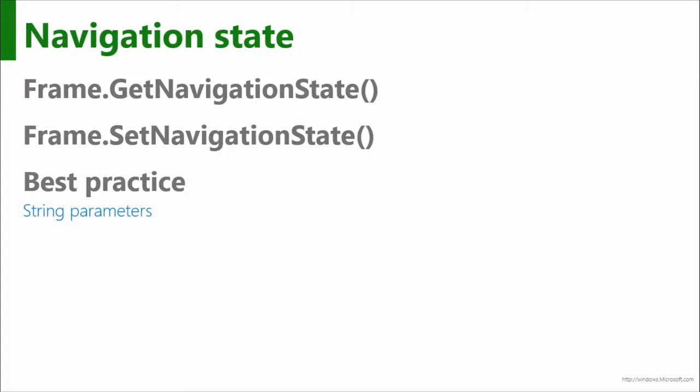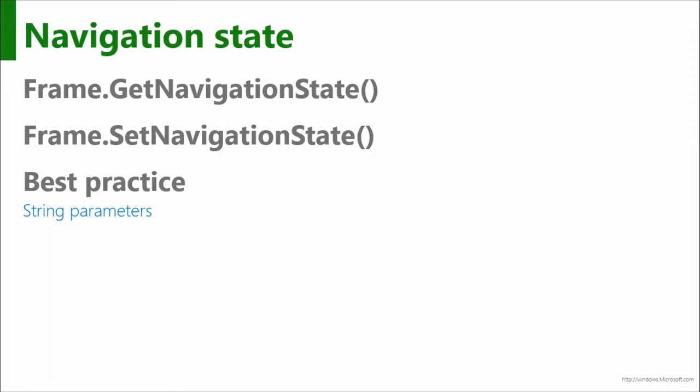Yeah, that's right. As you navigate through pages, the frame keeps track of that and stores that navigation history, its navigation state. And what these methods do, get navigation state and set navigation state.